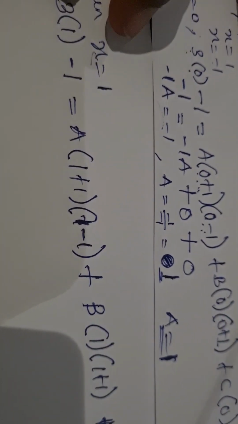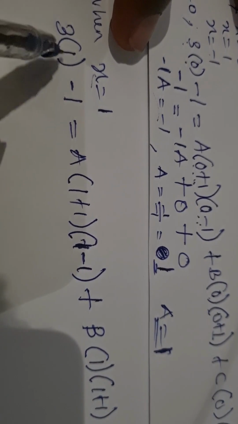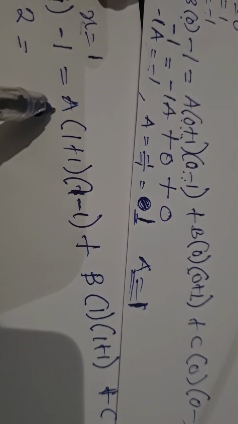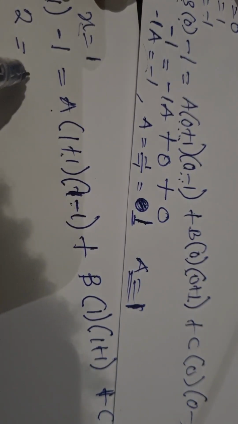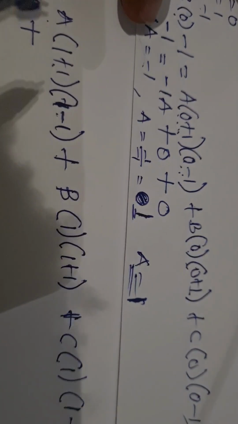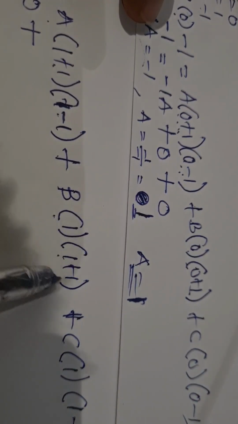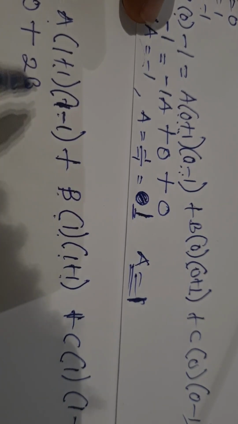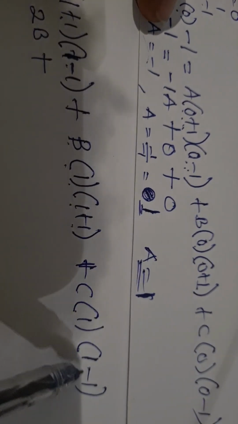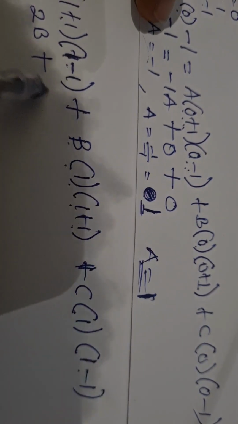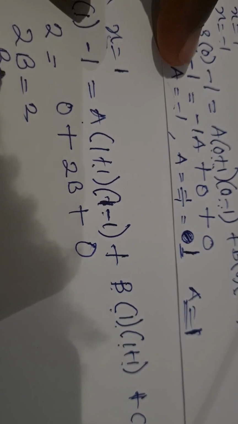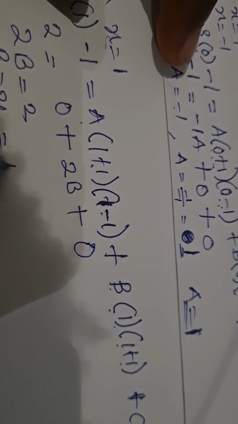So if I work with this, 3 times 1 is 3, 3 minus 1 is 2, which is equal to, this is 1 plus 1 is 2, 2 times 0 is 0, so this one is gone, 0 plus 1, this is 1 plus 1 is 2, 2 times 1 is 2, right? Plus b multiplied by b, that's 2b, plus 1 minus 1 is 0, 0 times 1 is 0, so all of this is gone. So we have that 2b is equal to 2. b is equal to 2 divided by 2, which is equal to 1.